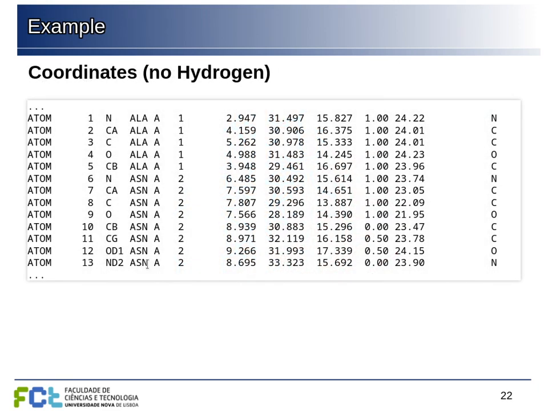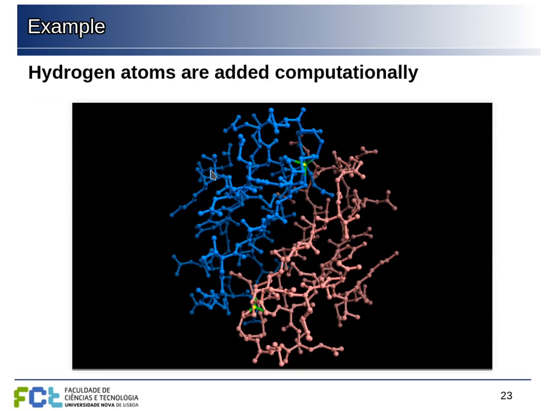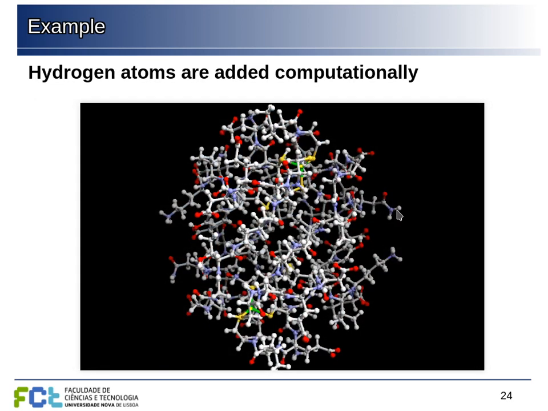Note that there are no hydrogen atoms indicated here, and the reason for this is that hydrogen atoms can be added computationally. Once you have all the heavy atoms, it's easy to compute where the hydrogen atoms can be, because we know how many hydrogen atoms are connected to each type of atom, so we just need to add them there.